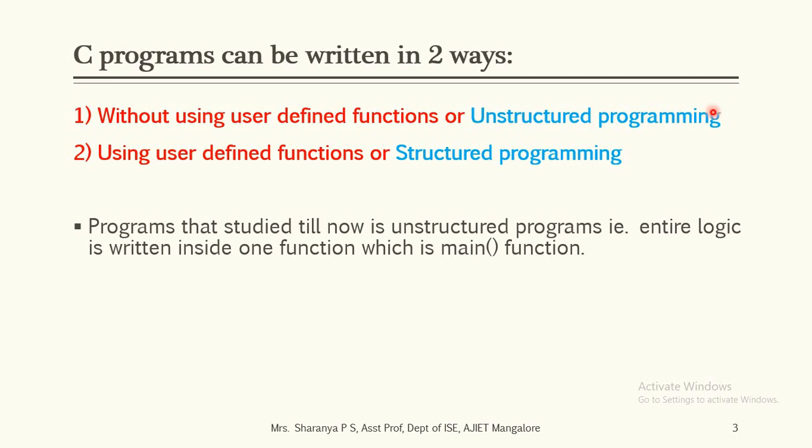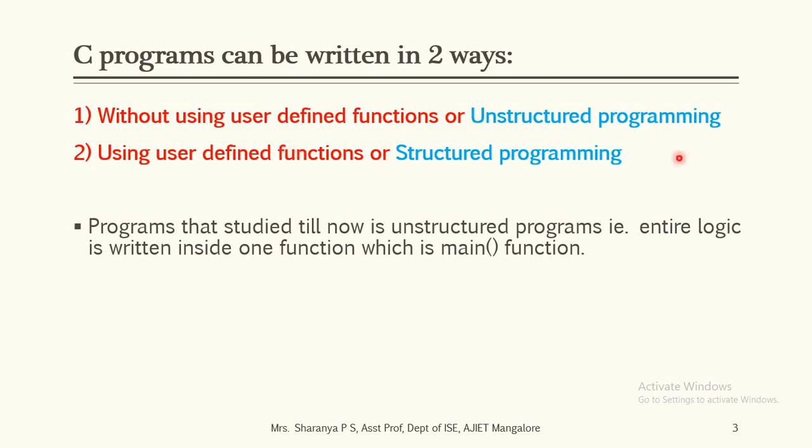The programs that we have come across till now are unstructured programming. That is, there will be only the main function. Inside that, we write the entire code which performs the specific task. We do not separate the code which is responsible for performing the task and for displaying. We are not categorizing the code; we just write a single set of code in the main function.